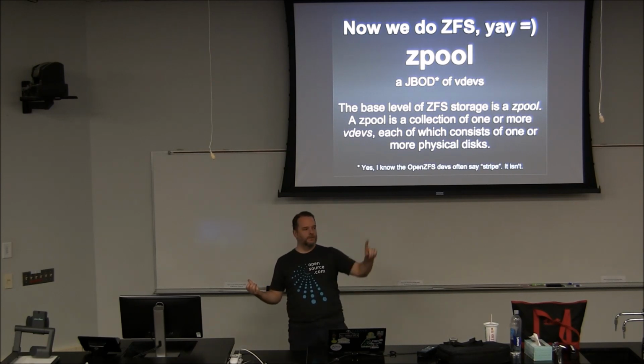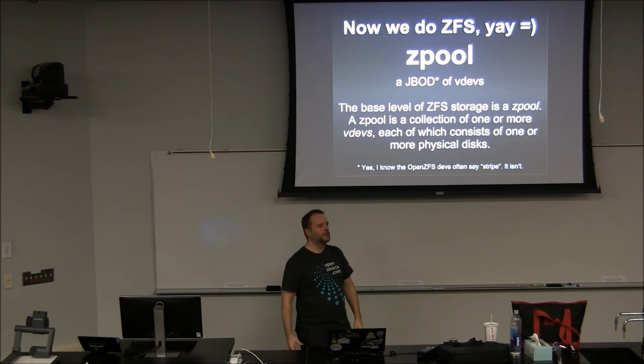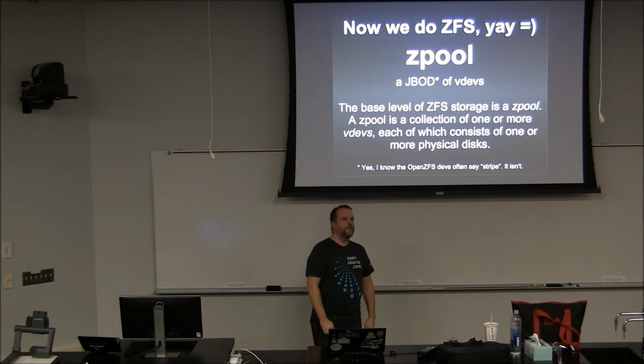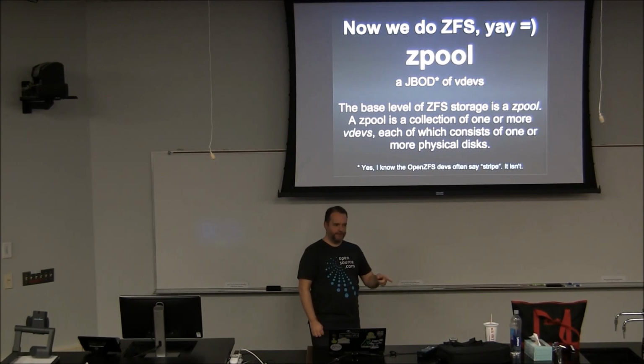Anybody? You, sir. What's the difference between RAID 3 and RAID 4 again? I forget what RAID 4 is. I thought RAID 4 was the parity on a single disk. No, that's RAID 3. There's a difference because RAID 3 is what FreeBSD used to use instead of RAID 5, and I used that for years.